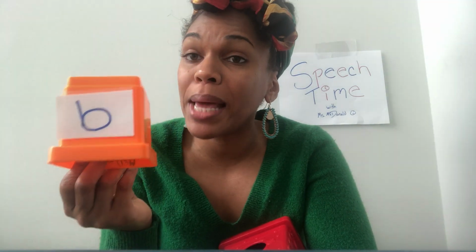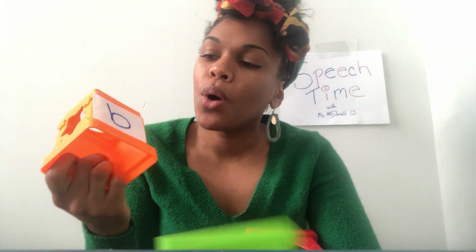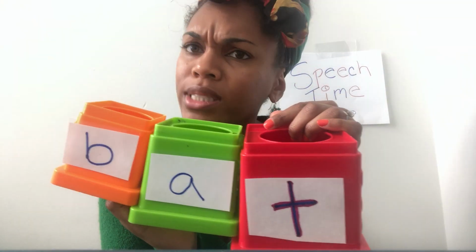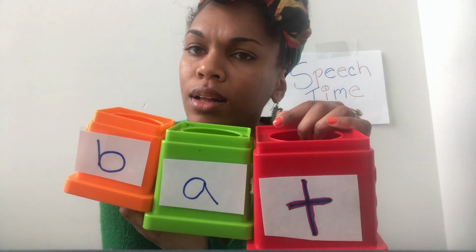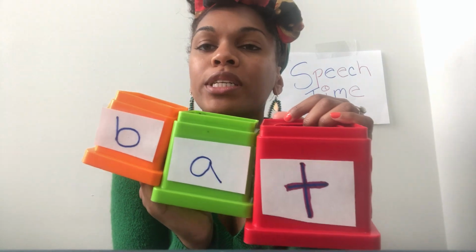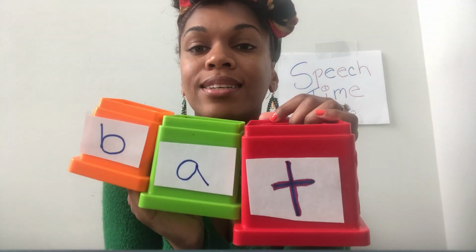B. What letter is that? If you said B, then you're right. We're practicing the word b, a, t. What does it spell? If you said bat, then you're right. We're going to practice the word bat.